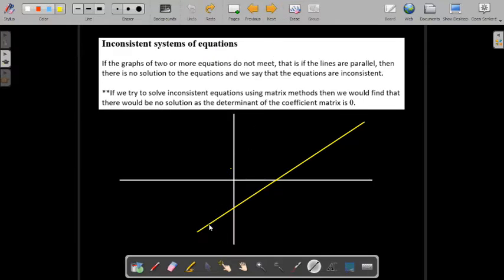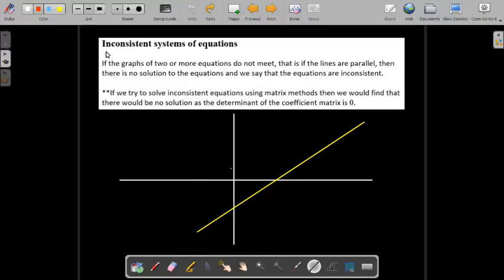If we were to graph the first equation, and then look at the second equation, it would turn out to be exactly the same as that line, and all the points lie on top of the first, meaning we have infinite solutions. Every single point along here is exactly the same as the equation before.